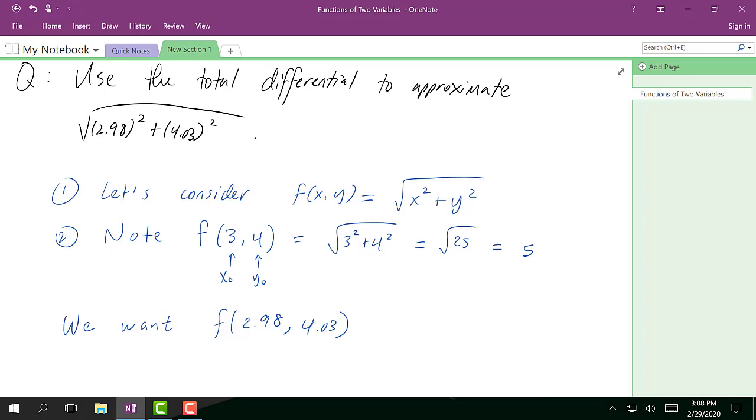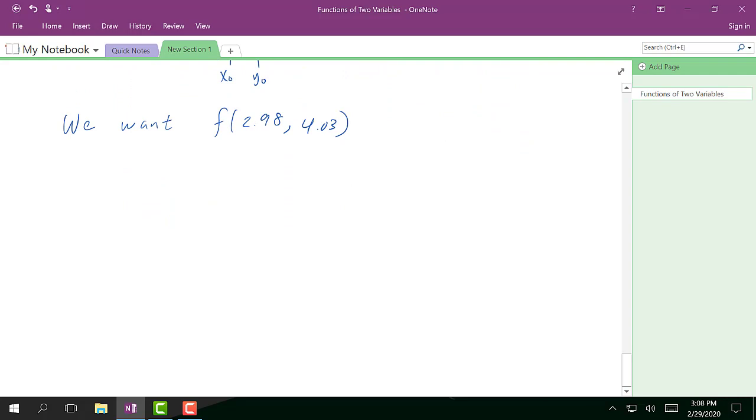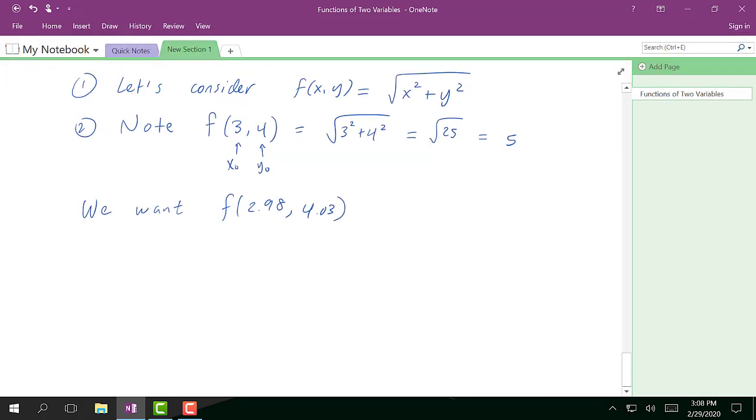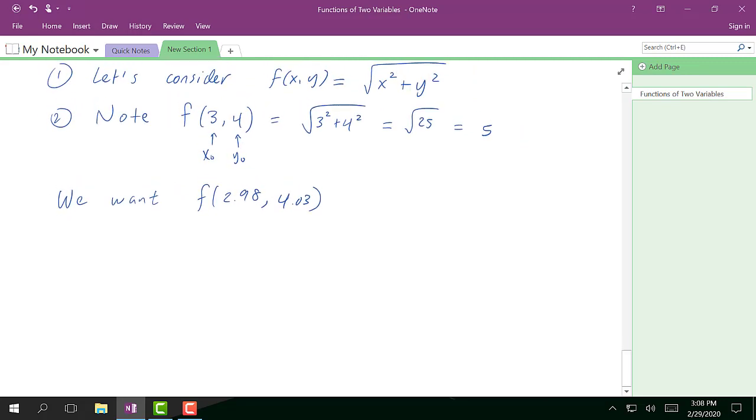And so what we do is we say that f of x, y is approximately equal to f of x naught, y naught plus some little change, so this dz that I have.